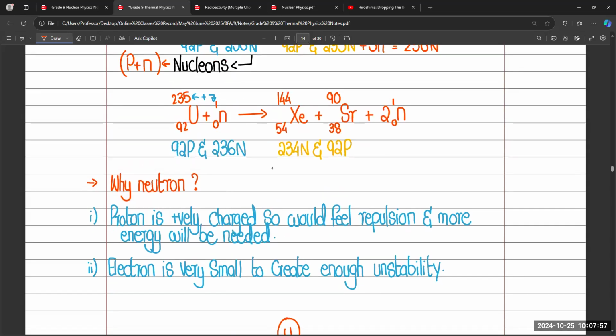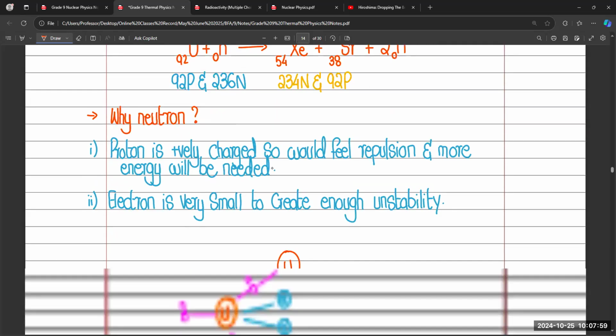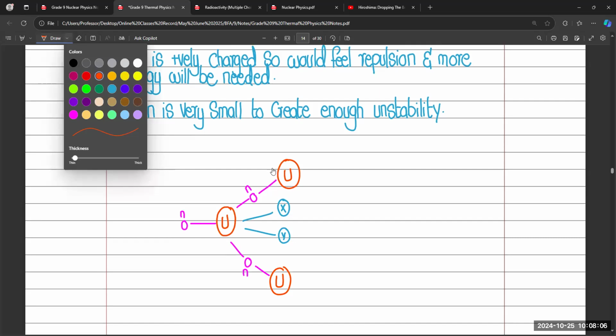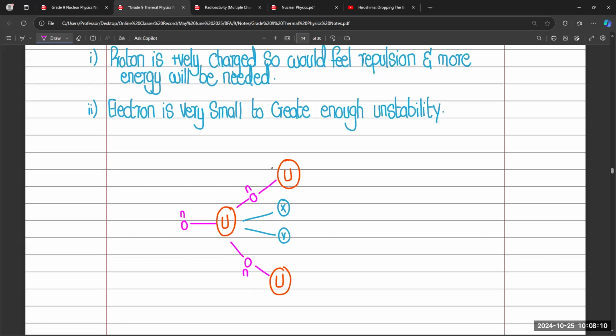You can see it is of 236 nucleon number. So the nucleus will not explode in a single time. It takes a long time interval to decay completely. So this reaction continues to go on. So you can see this is like a chain reaction.